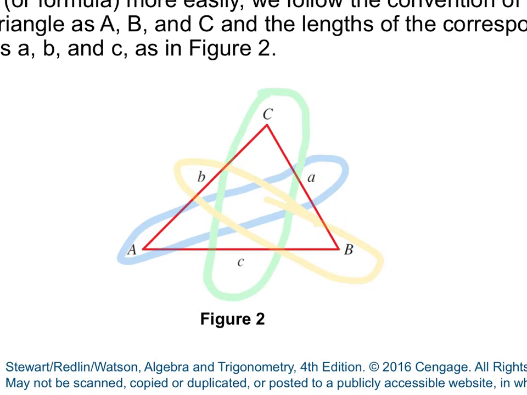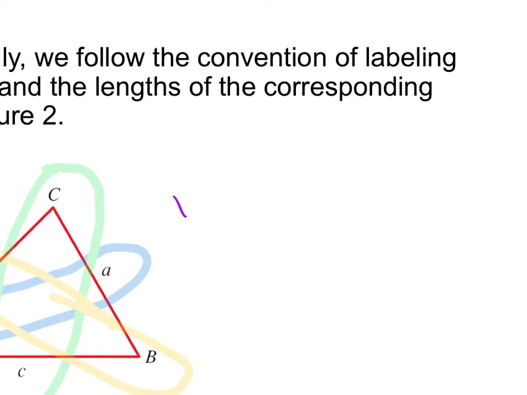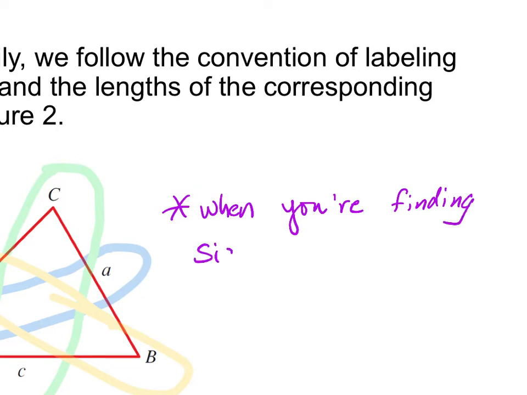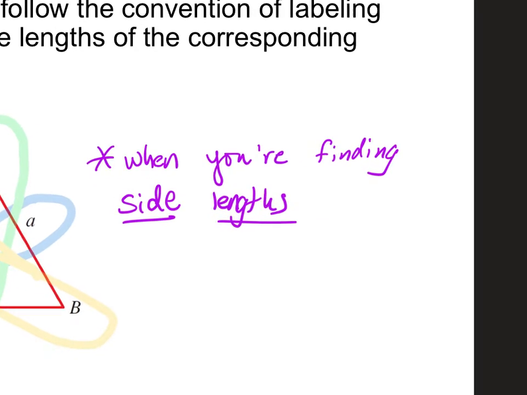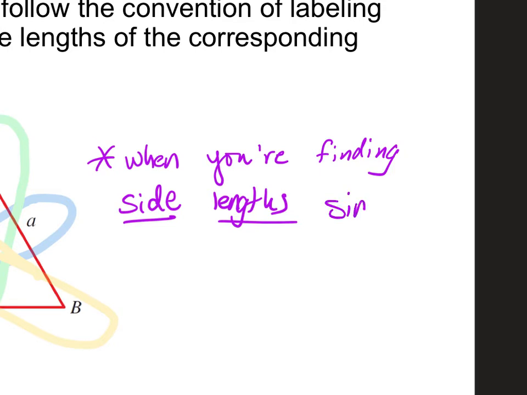All right, now something very important that I want you to write down. This is super important, so write this down. When you are finding side lengths, super duper important, you use sine, cosine, tangent in your calculator.